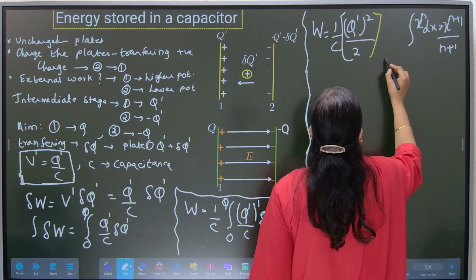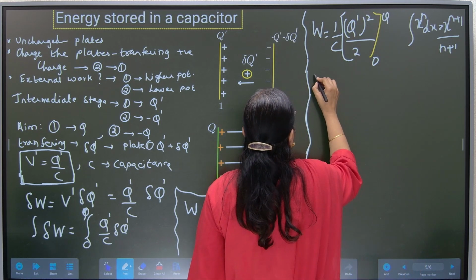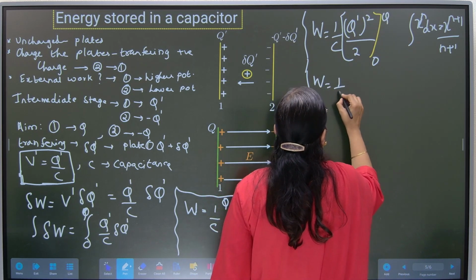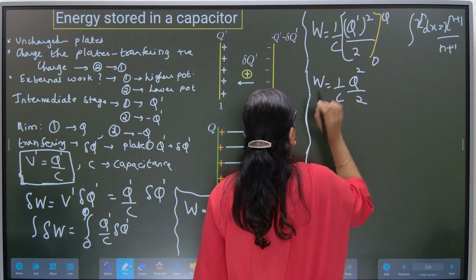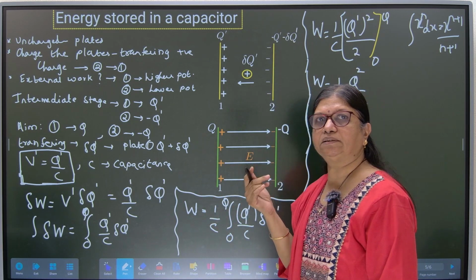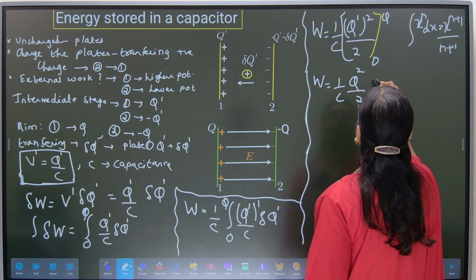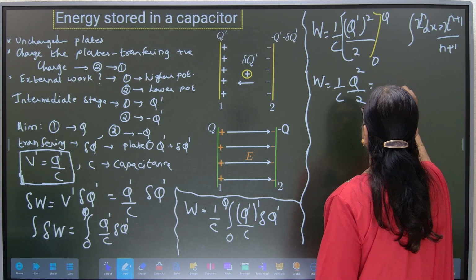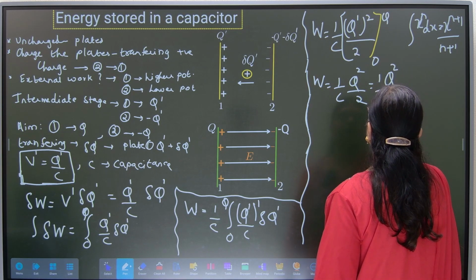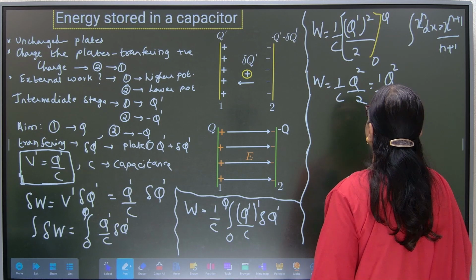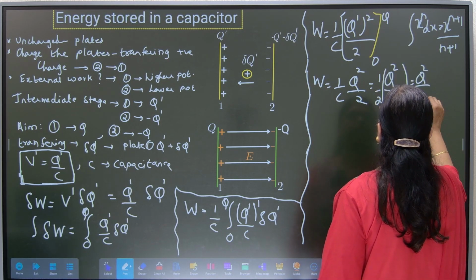And we apply the lower limit 0, upper limit Q. Therefore, we have W is equal to 1 upon C, Q square upon 2. If I apply 0, the answer will be 0. Fine. So upper limit gives me this, which amounts to rewriting it as half Q square upon C, or simply we can write Q square upon 2C.